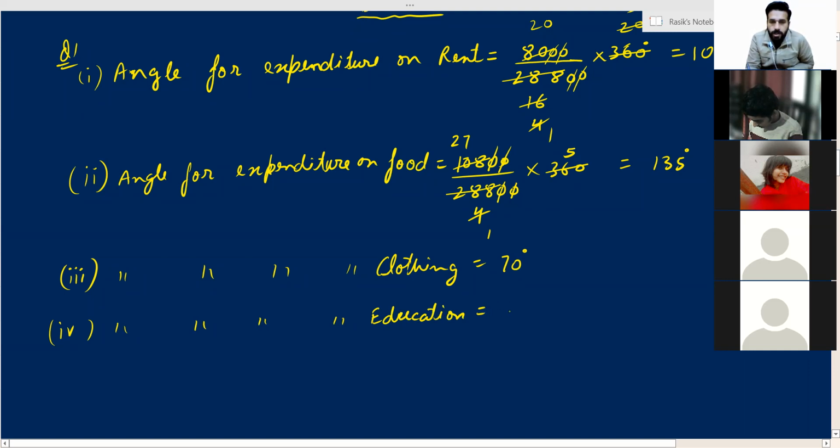How much money is spent on education? 45 degrees. Correct.